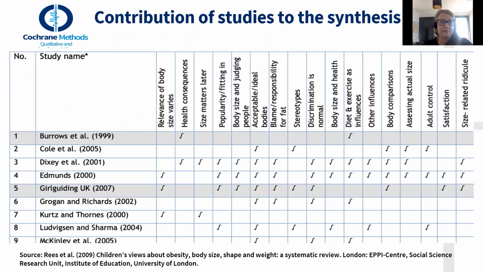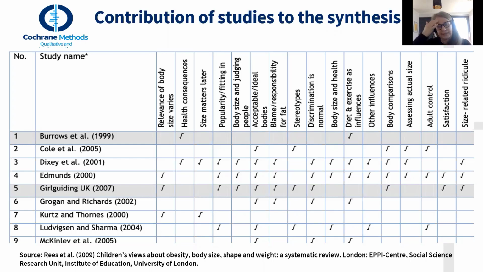So here's an example of where a review team have looked at the contribution of each individual study in the review to the synthesis findings. You'll see there the studies listed on the left-hand side, and across the top are all the descriptive themes from the review.